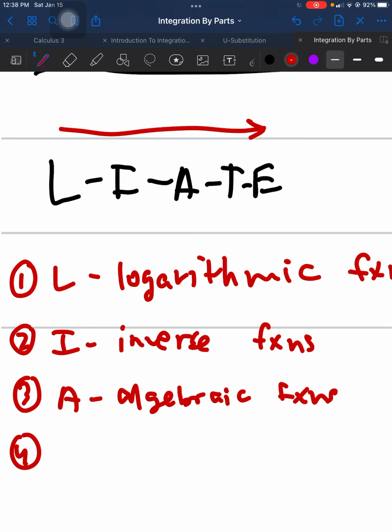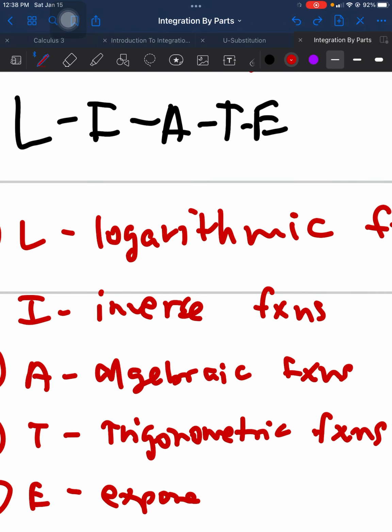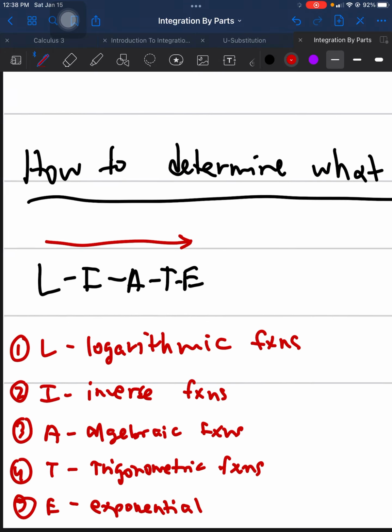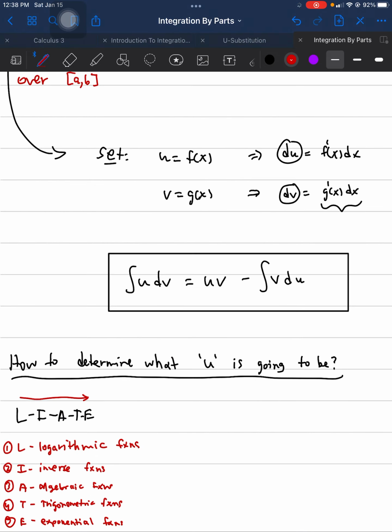Then the fourth, the T stands for trigonometric functions. And then last priority is basically exponential functions. So an exponential function is basically e to the 2, e to the x, stuff like that. And you can use this process to determine what u is.